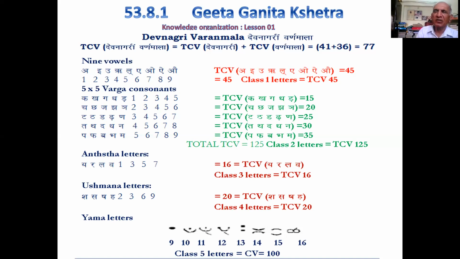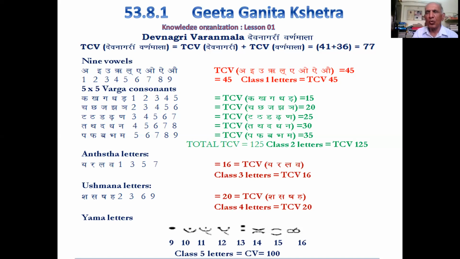Likewise, this organization of these 25 letters also permits their second generic classification as first column, second column, third column, fourth column, and fifth column.